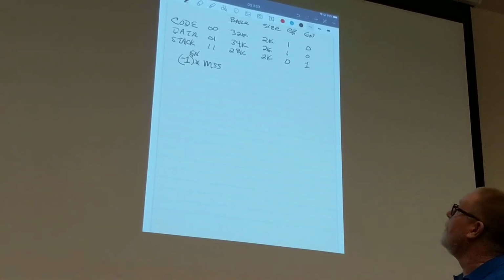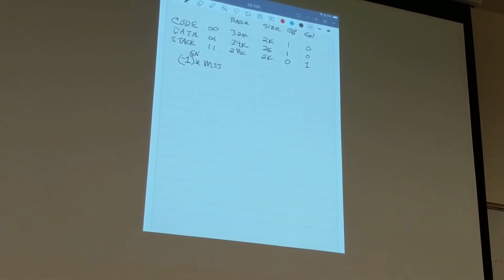So, actually, let me back this up. I'm going to change this formula because I realized that it's -1 times grows negative times maximum segment size.